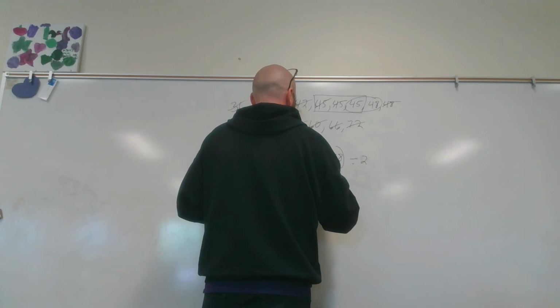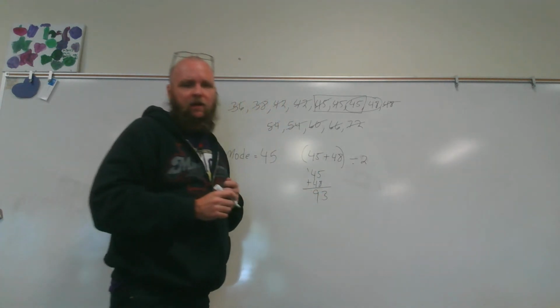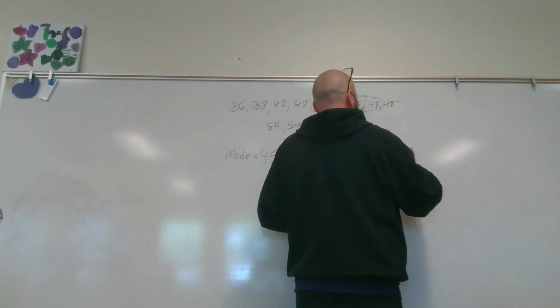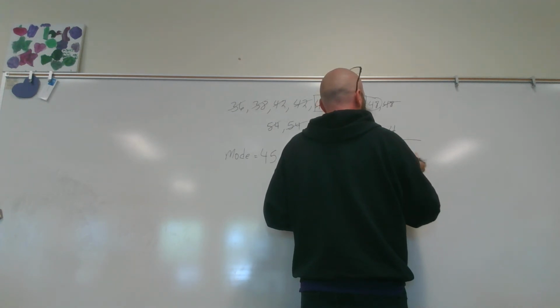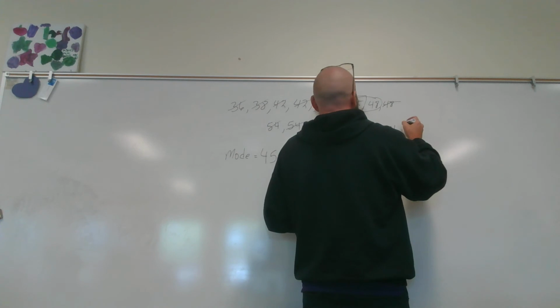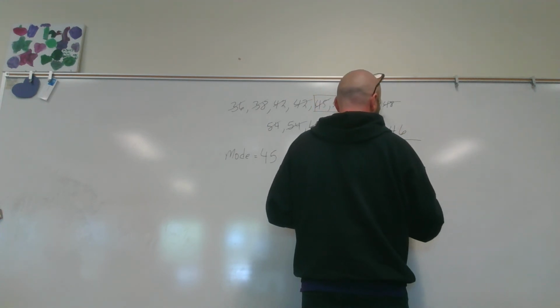And 45 plus 48 is 93. We divide 93 by 2. It goes in 4 times, 8, subtract, 13, so 6 times 2 is 12.